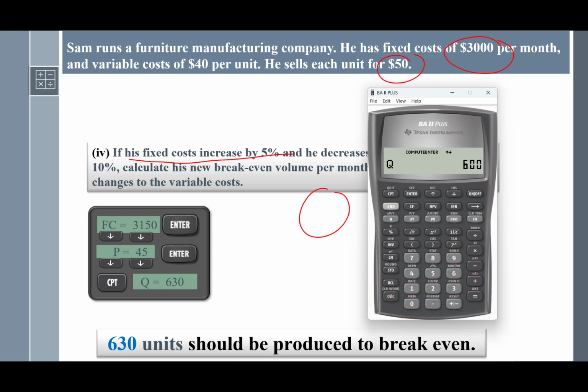Okay, they say what the selling price should be if they sell 600 units and made a profit of $3,000. We can go and CPT the selling price. If I'm looking for the variable cost, I can CPT the variable cost. Okay, so leave what you're looking for till the end, enter everything else, press the CPT.